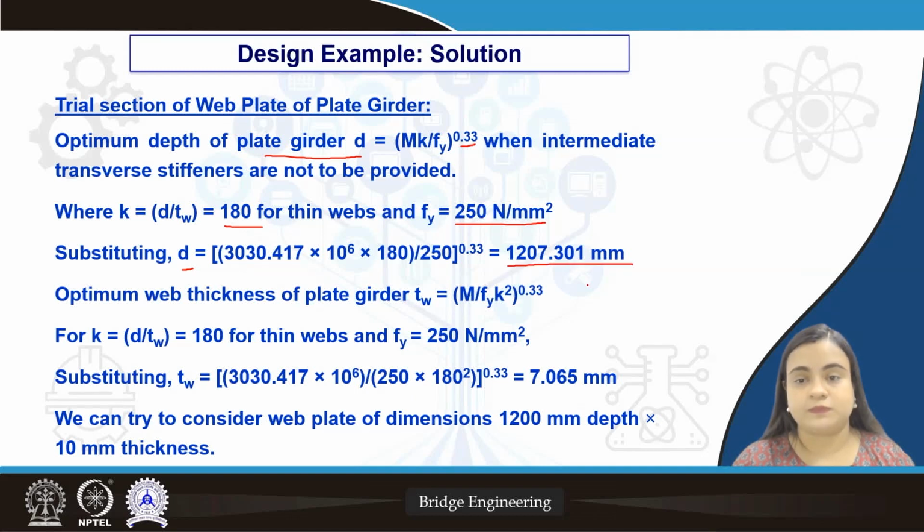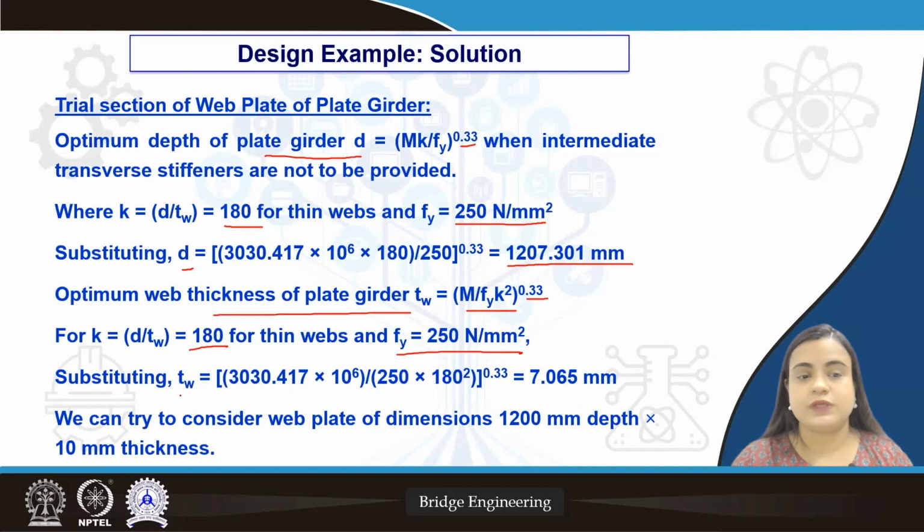1207.301 millimeter. Also, optimum web thickness of the plate girder tw is taken as M by fy k square to the power 0.33. Here also k equals d by tw equals 180 for thin webs and fy equals 250 MPa.